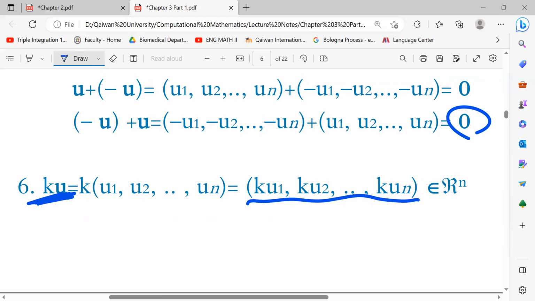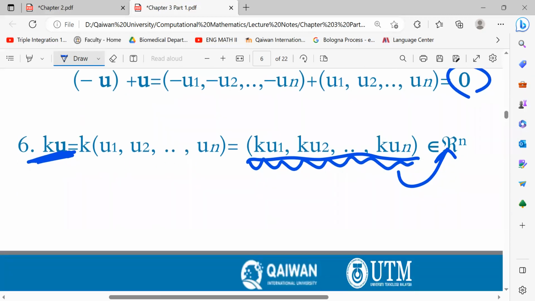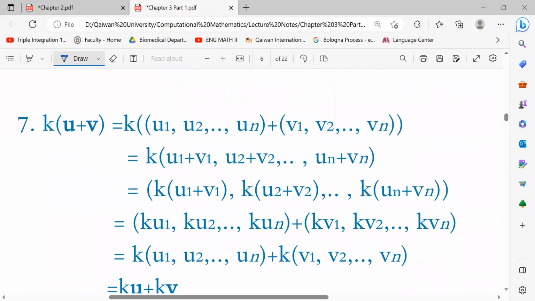Is this n-tuples? Do you have n elements in this vector? Yes. We just multiplied each element by k. Is it in the same form as the elements in Rn or not? Yes. So it is closed under scalar multiplication.